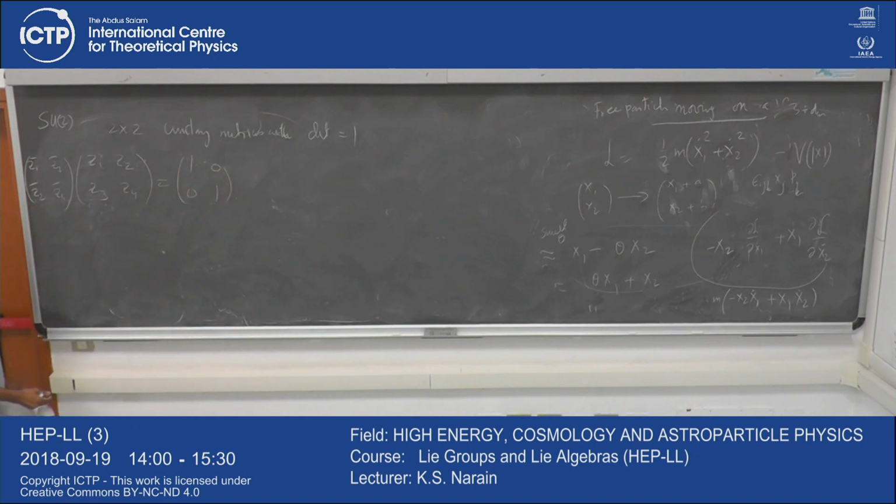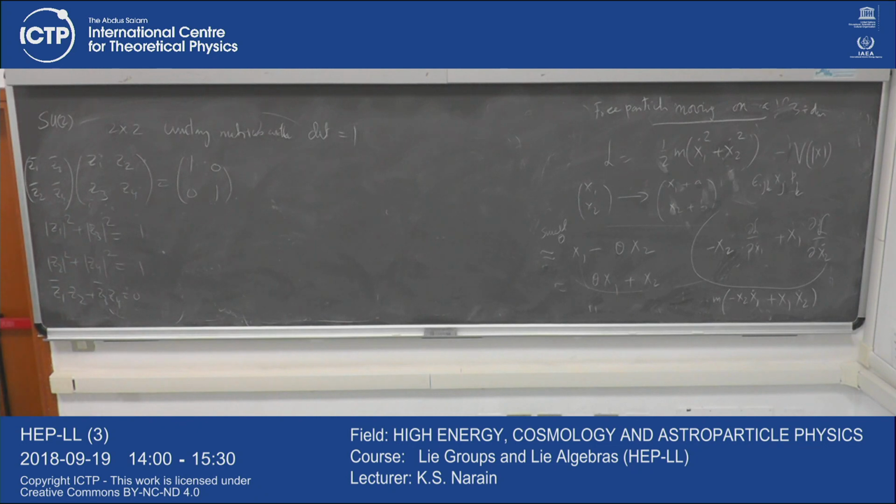From this you get three equations. One is mod Z1 squared plus mod Z3 squared equal to 1. Similarly, mod Z2 squared plus mod Z4 squared equal to 1. Then there is the equation Z1 bar Z2 plus Z3 bar Z4 equal to 0. The other off-diagonal equation is just its complex conjugate, not a new equation.